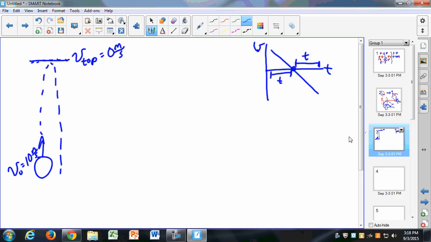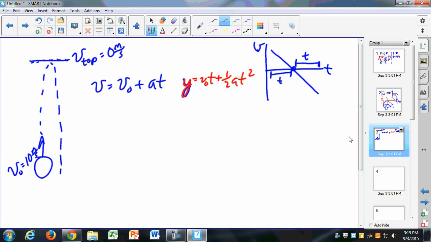So I can use all those facts to figure out both the height that it goes up and the time. First I like to write my equations. V equals V naught plus AT. Again, you can probably just write these on the form that you'll get with the test so you have them right in front of you.